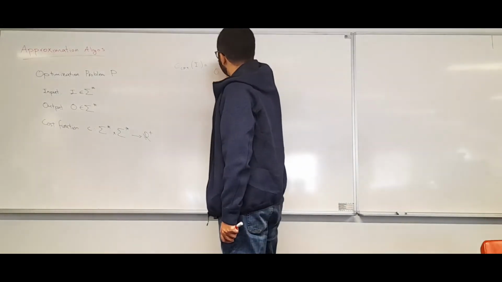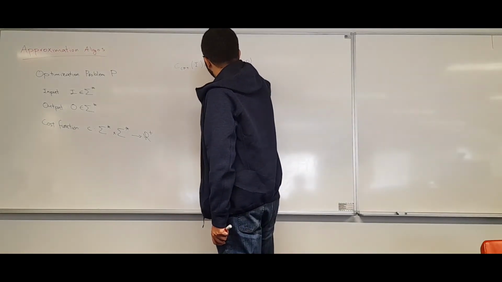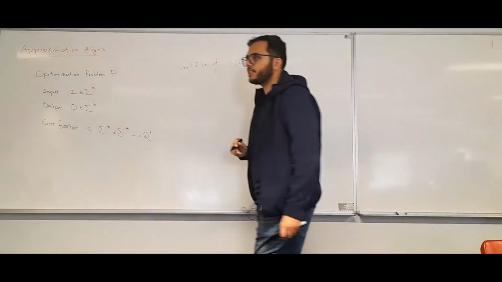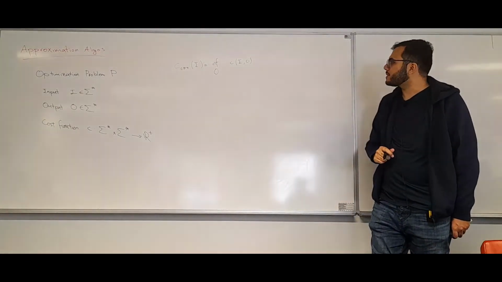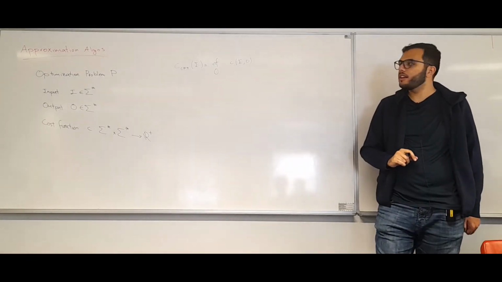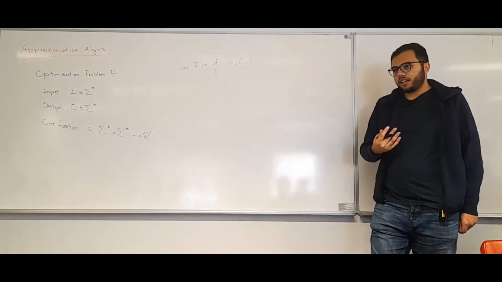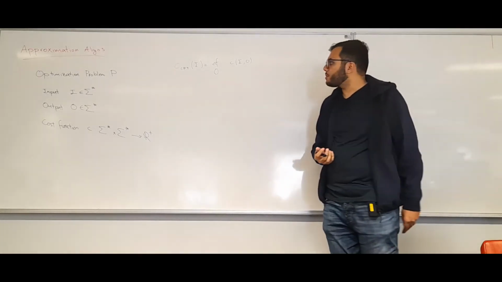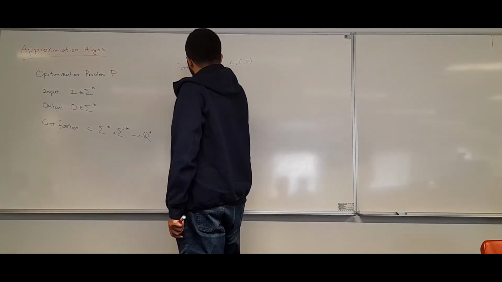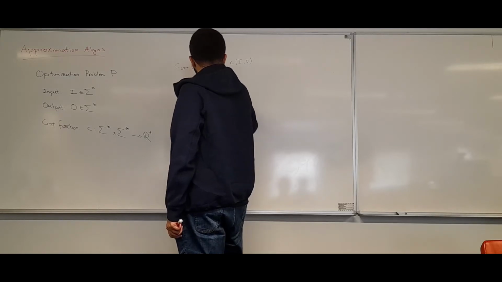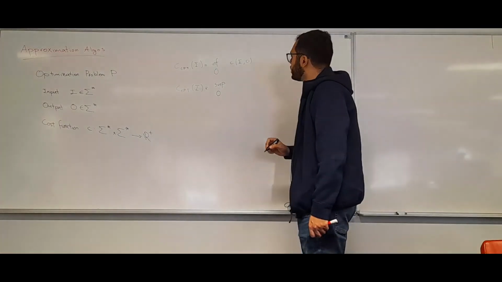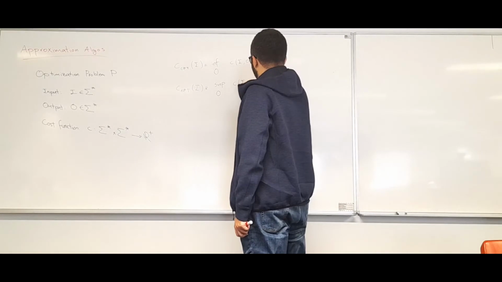So maybe I can take the infimum instead of the minimum. I wanted to see if I can do something cleverer, but no, let's just take the infimum. Or of course, on the other hand, if I have a maximization problem, if I want to maximize my cost, then the optimal cost is just going to be defined as the maximum, or in this case, supremum, over all possible outputs of C of I, O.